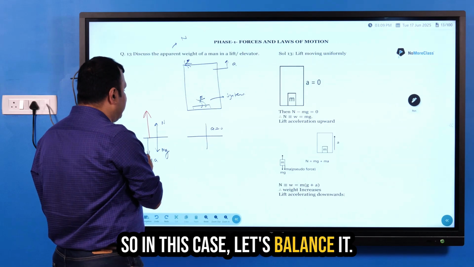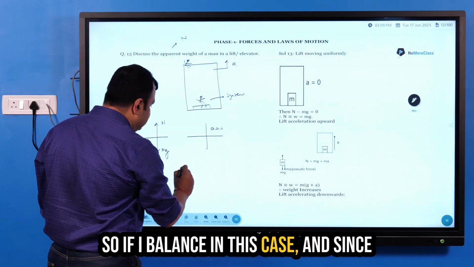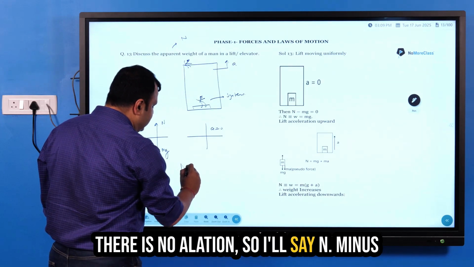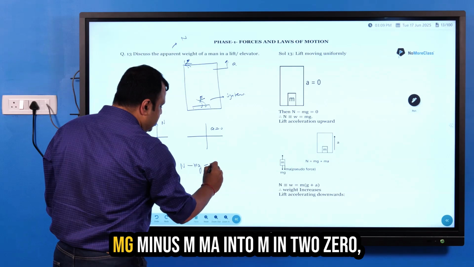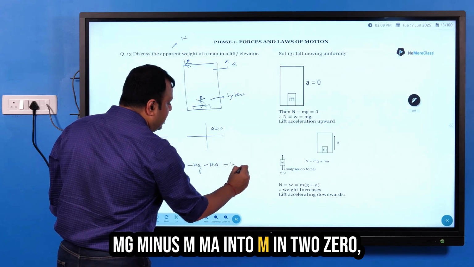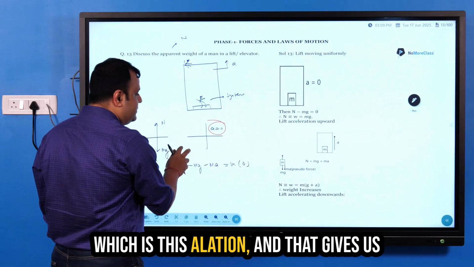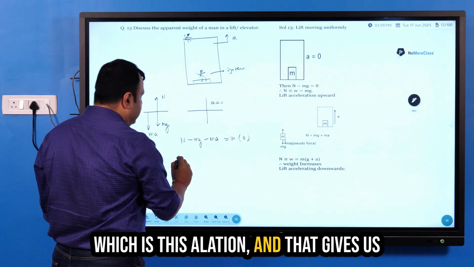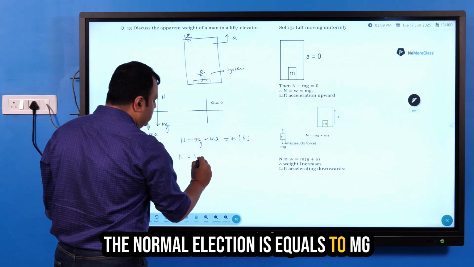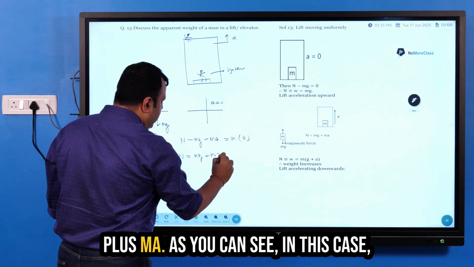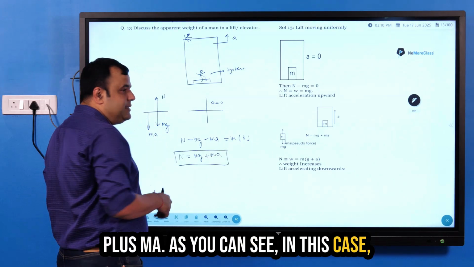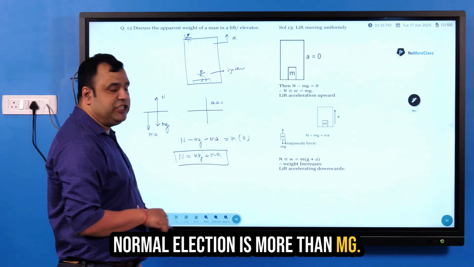So in this case, let's balance it. Since there is no acceleration, I'll say N minus mg minus ma equals m into 0, which is this acceleration. And that gives us the normal reaction is equal to mg plus ma. As you can see, in this case, normal reaction is more than mg.